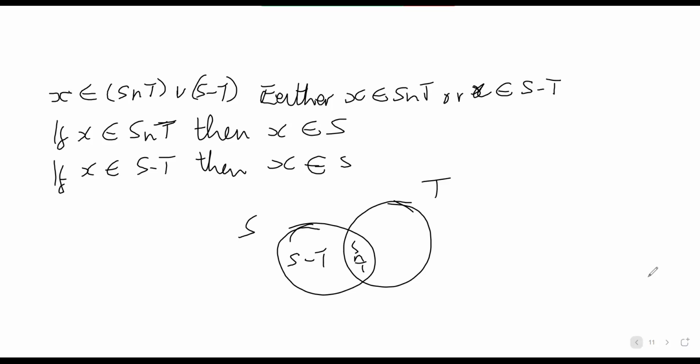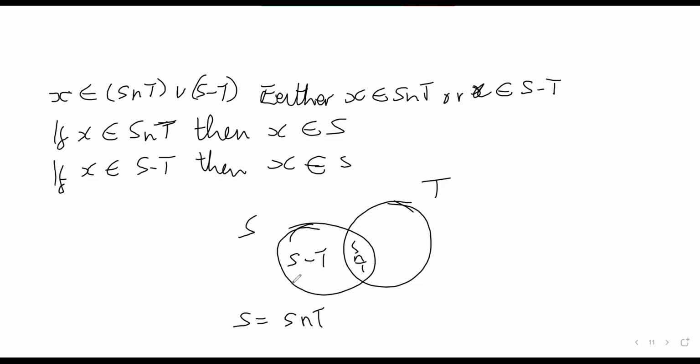So you'll find that S will be equal to S minus T... so let me start with that.